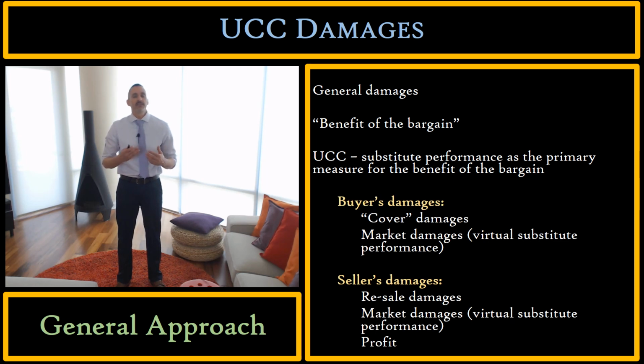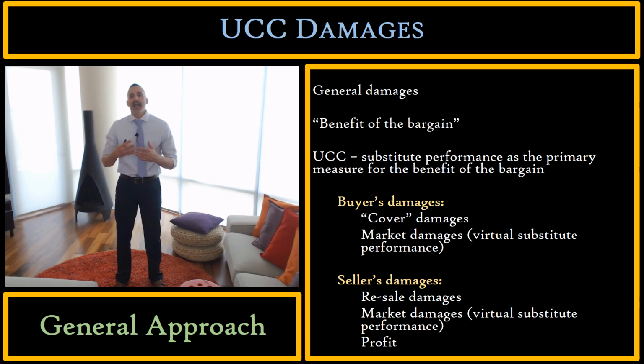The UCC measures general damages generally by looking at substitute performance, the cost of substitute performance. Well, what does that mean specifically? Well, if seller breaches and we are going to award buyer general damages, how will we measure those damages? Well, based on the cost of substitute performance. So if buyer goes out and acquires those goods from another source, we call that cover. Buyer will be entitled to cover damages, the additional cost of getting those goods from another source.